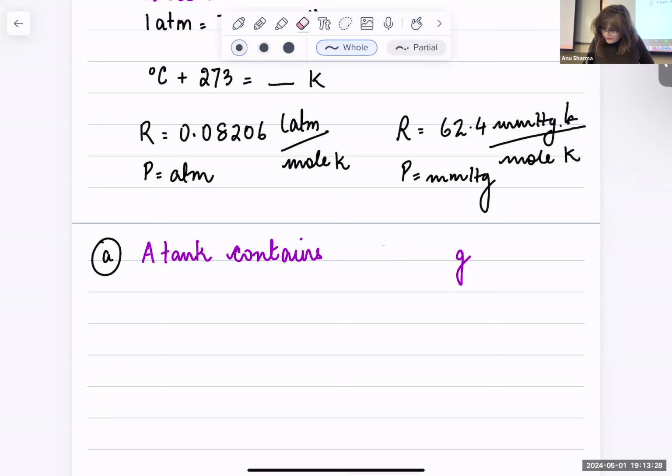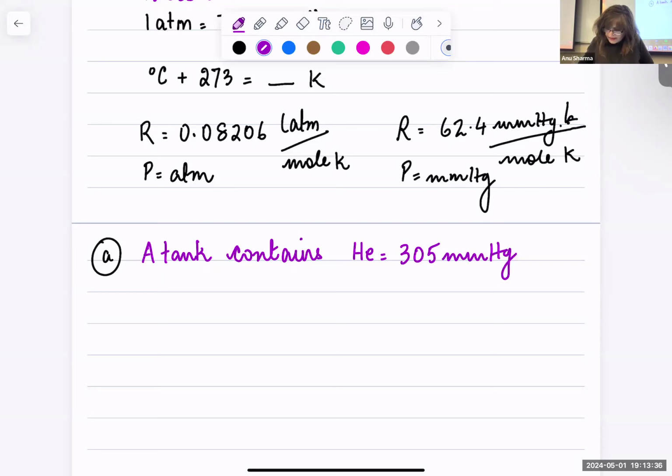Helium is 305 millimeters of mercury, right?